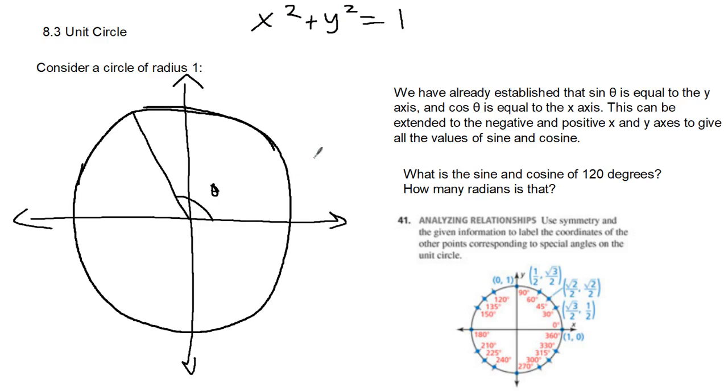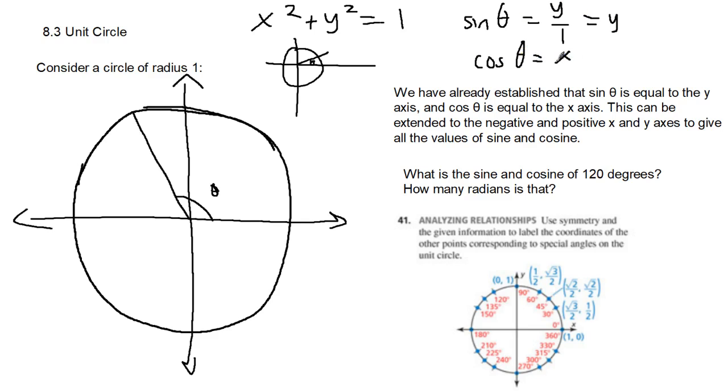With our angle theta right here, sine theta is equal to opposite over hypotenuse, which is y over 1, which is y. And cosine theta is adjacent over hypotenuse, which is x over 1, which is x. So sine theta is y, but cosine theta is x.